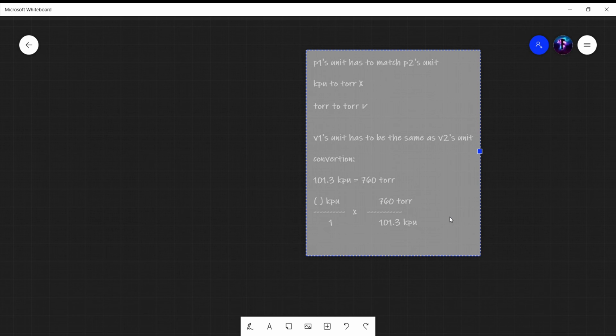Now you're gonna cross multiply, I mean, cross divide. For example, you want 100 kPa, and then you're gonna times the top with the bottom. Or actually, you can figure it out yourself.